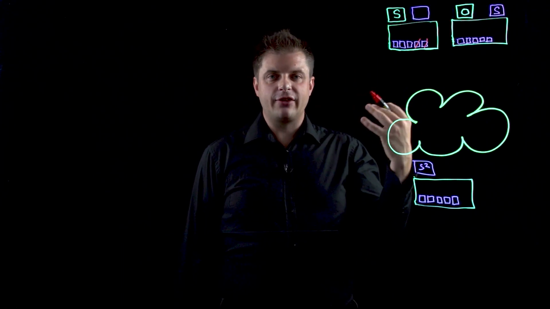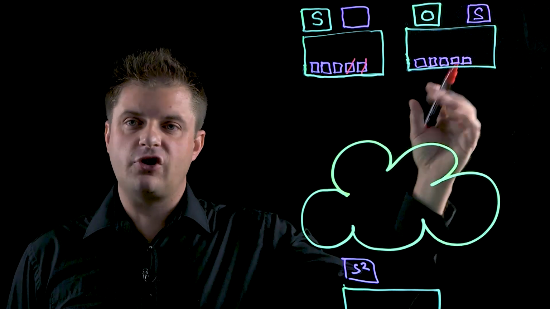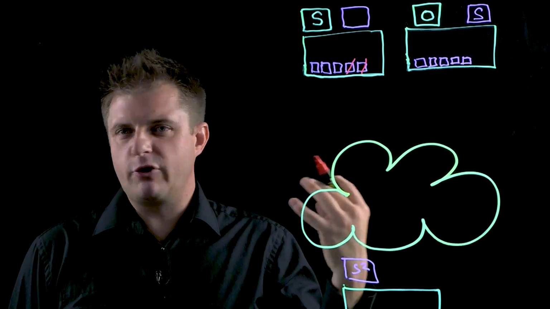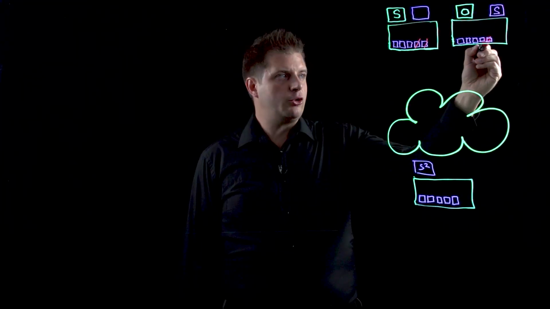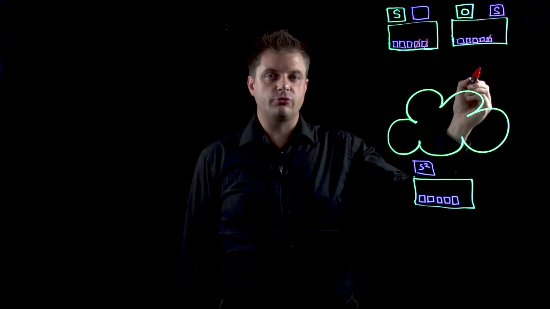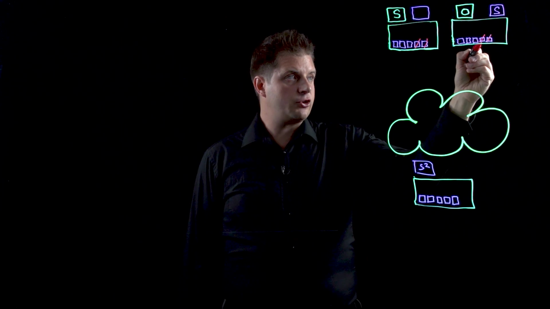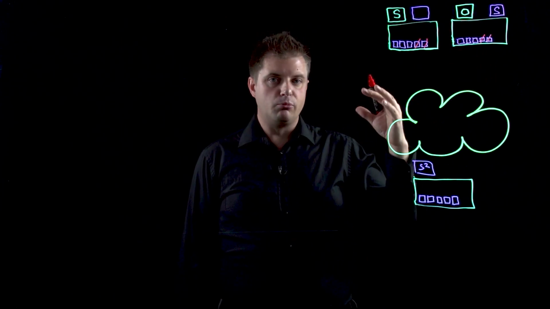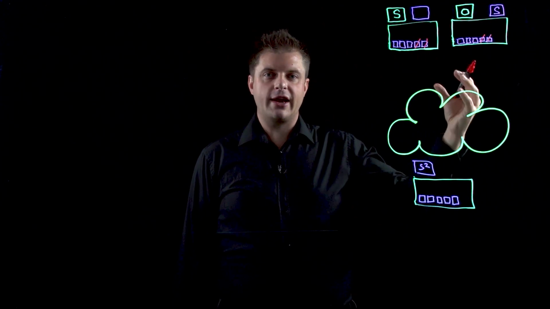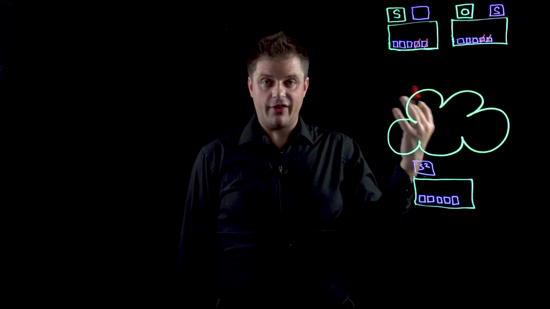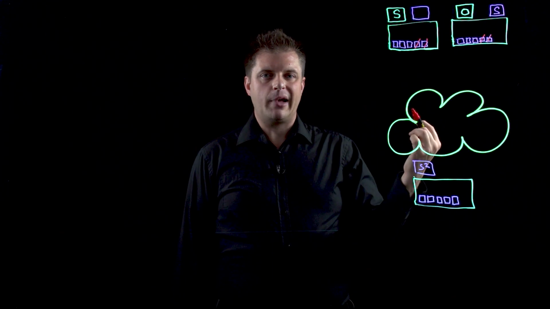We can have exactly the same happen across the entire environment. So if for any reason we're having a particularly bad day, an unlucky day, we can lose a drive in this node at the same time. We could lose another drive in that node. If we had more nodes within that cluster, we could tolerate drive failures in all of those nodes at the same time without any impact.